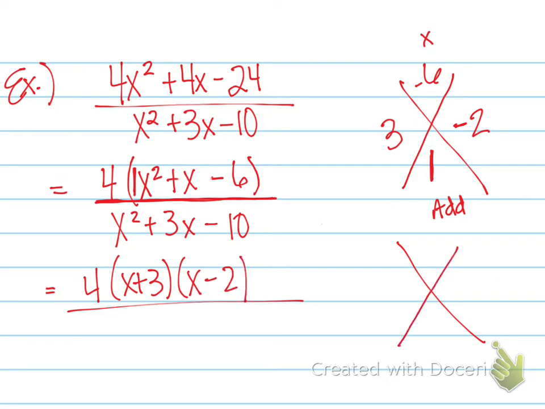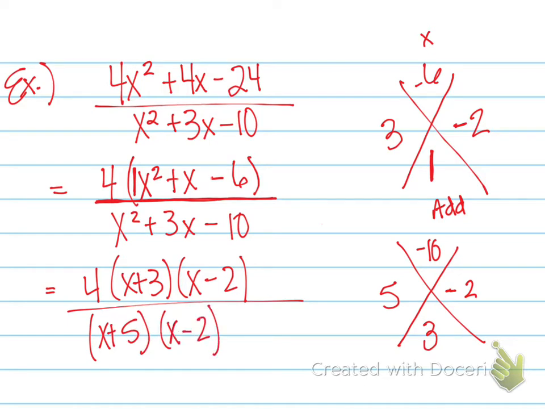Now if we do the big X for the denominator, we have a 3 in the bottom and a negative 10 up top. Well, the only thing that multiplies to 10 besides 1 and 10 is 5 and 2. But something's got to be negative. The 2's got to be negative. So here we have an x plus 5 and an x minus 2.